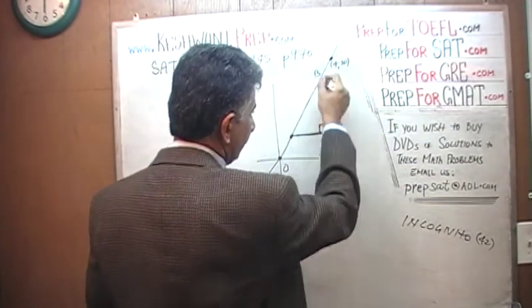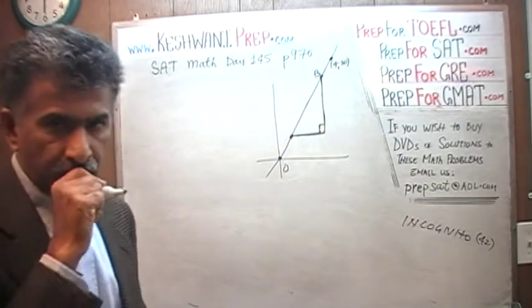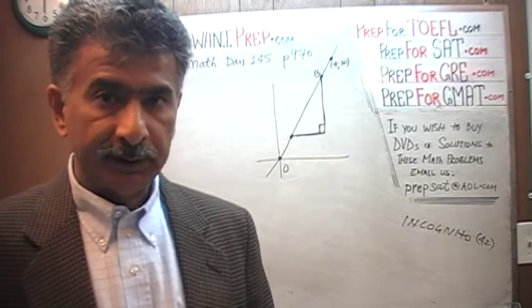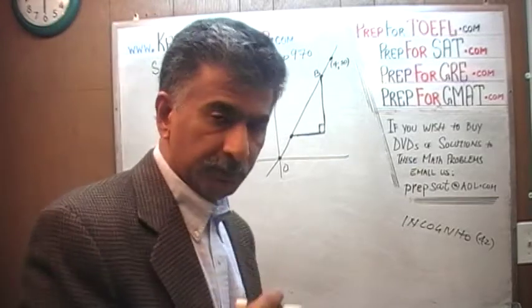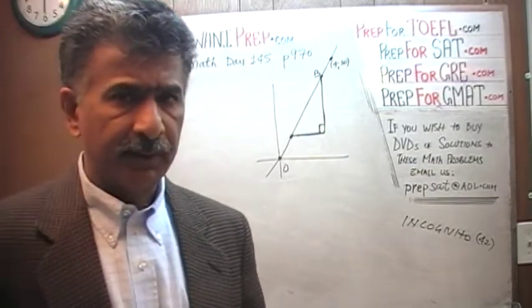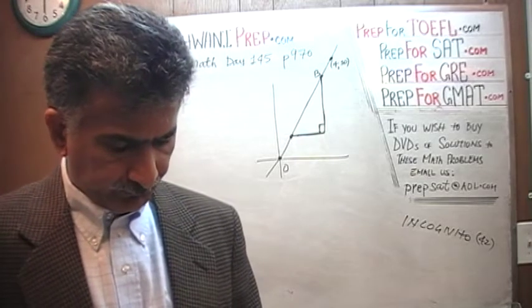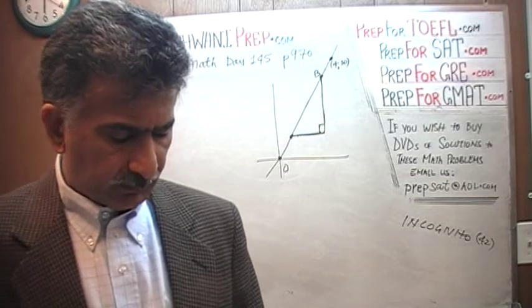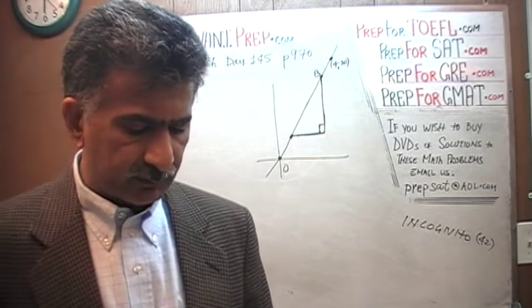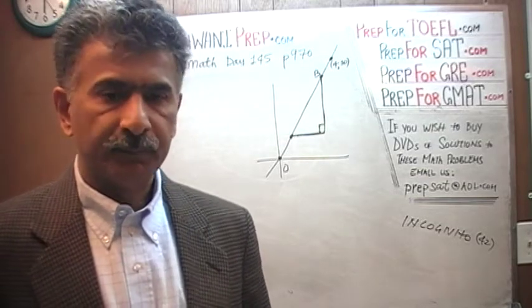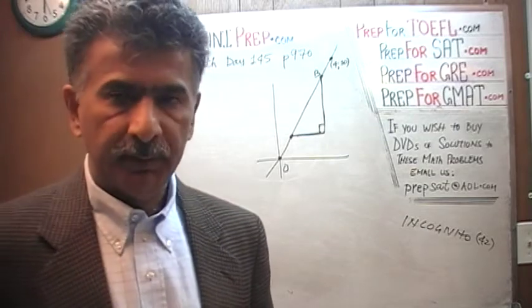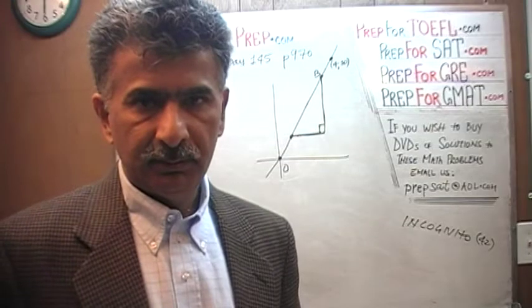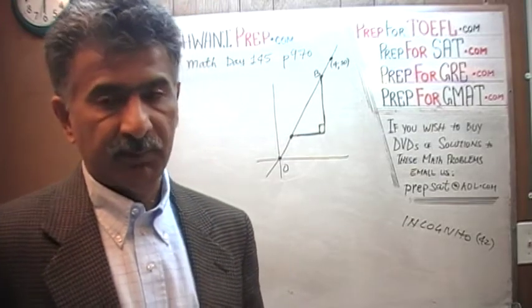It's a right angle triangle. Which of the following could be the length of the sides of the triangle ABC? Among the 5 choices that are given, our job is to find the one that is possible, and of course the other 4 are not possible.